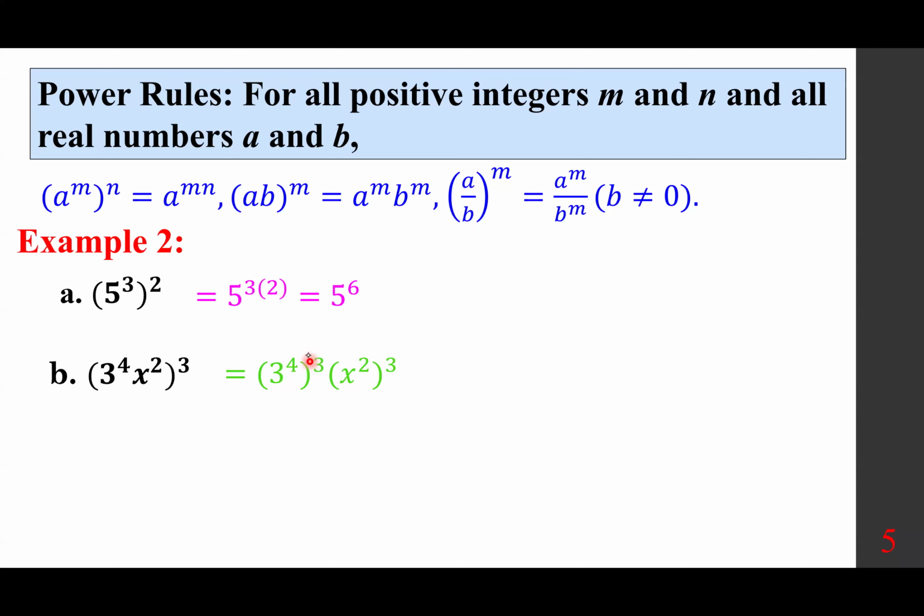This is 3 to the power of 12. This is x to the power of 6. So 4 times 3, 2 times 3. 3 to the power of 12, x to the power of 6.